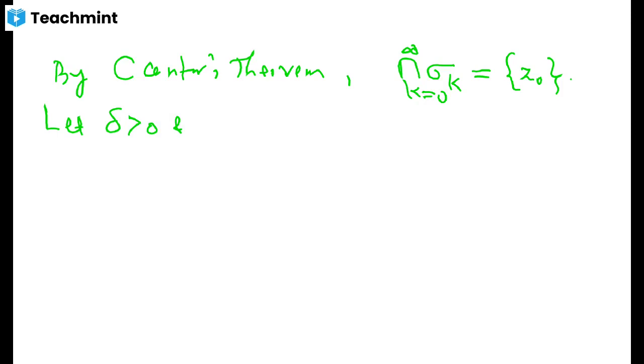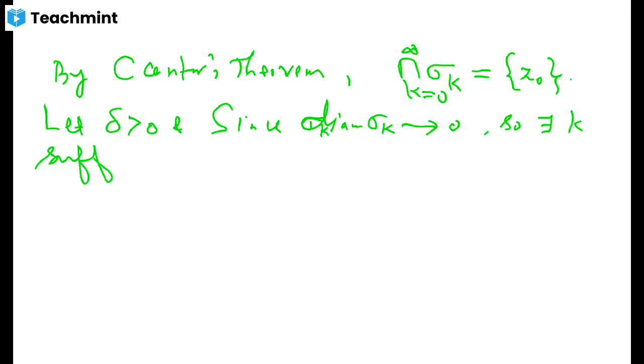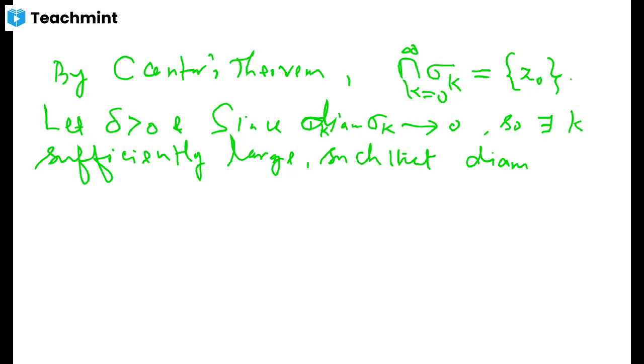I have to show that every neighborhood of this z naught contains points of R other than z naught. Now then, since sigma k, the diameter of these squares, goes to 0, there exists a certain k sufficiently large such that the diameter of this sigma k becomes less than delta.